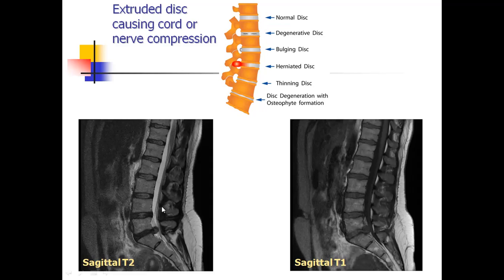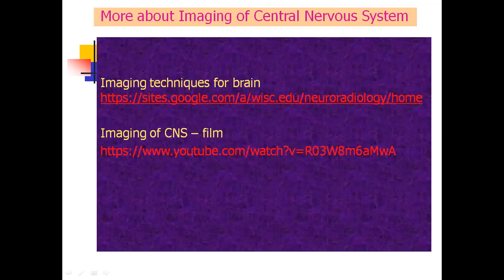You see that the bright spinal cord on T2 weighted images is compressed by displaced intervertebral discs. In sagittal T1 weighted images, we observe the same, but not so clear as on T2 weighted images.